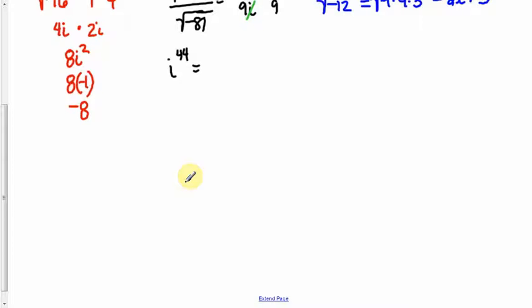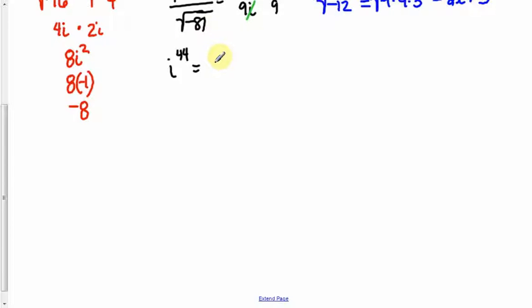It's hard to read. But that list only goes from i to the 1st to i to the 16th. So this is not on there. You could try to count and figure out where you would end up in your pattern, and it would take a lot of time. Or you can always break your problem down into i squared to some power, if it's even. And if it's odd, we'll tackle that in a minute.